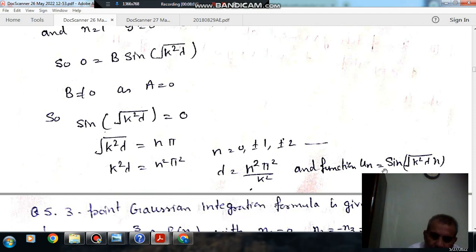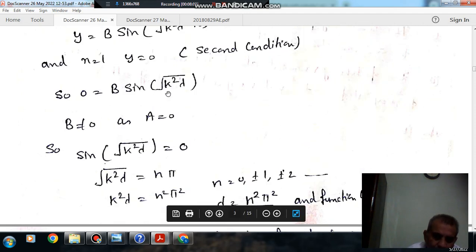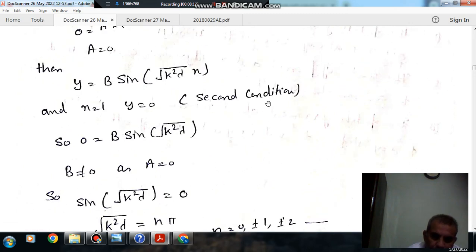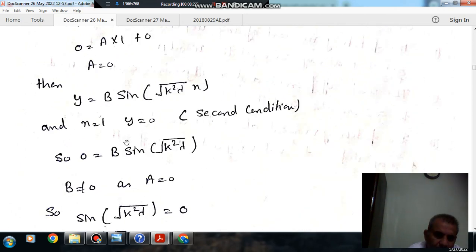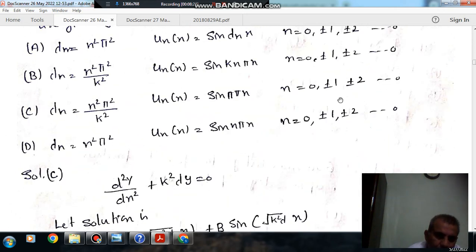Now lambda is n square pi square by k square, and the function is sin of root of k square lambda x, which is sin n pi x. So the answer is option C.